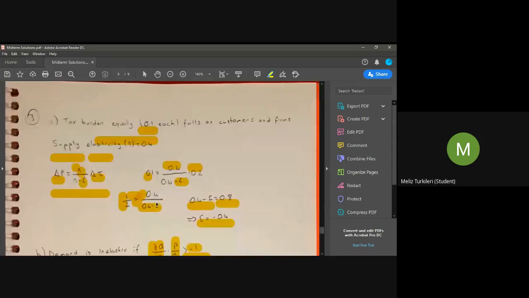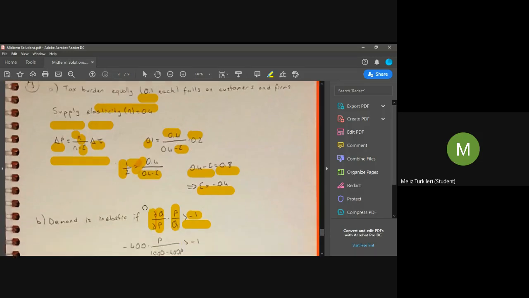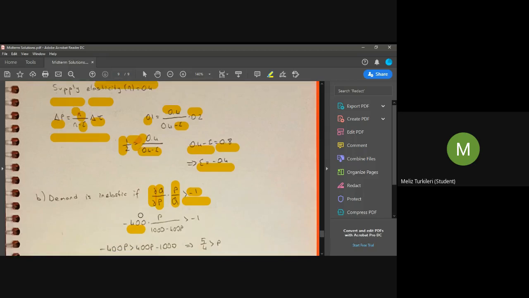Take the partial derivative of this equation with respect to P. Since we do not have any related part with P, we take 0 from there, and we take -400 from this part as the partial derivative. Then we can argue that delta Q divided by delta P is equal to -400.